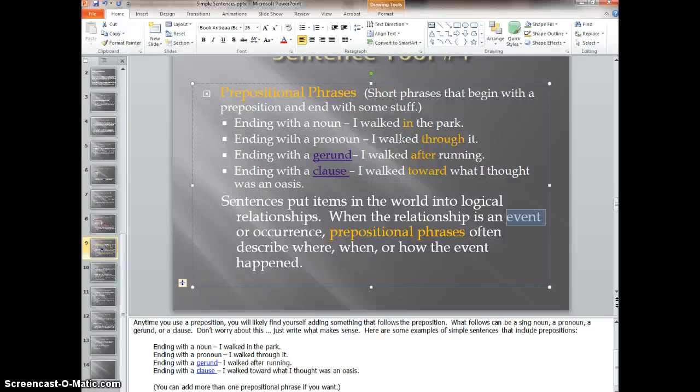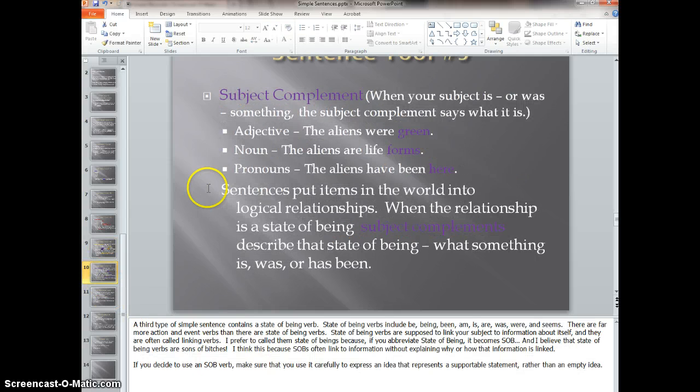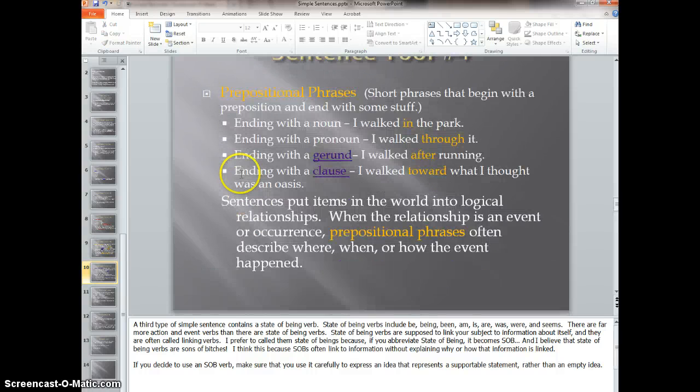And then after it, you're going to usually have a prepositional phrase that says the car drove away, or toward, or through, or by. And that describes where, when, or how that event happened. Okay, good. The third type of simple sentence, and there really are only three types of simple sentences here.